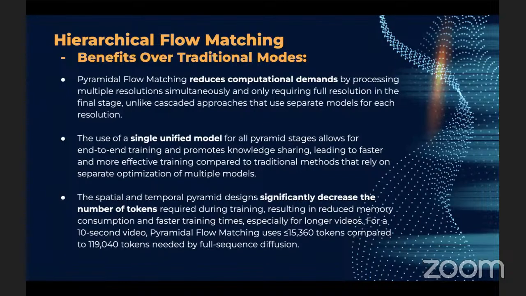A unified model for end to end training. It utilizes a single model for all pyramid stages, enables end to end training, and promotes knowledge sharing. This results in faster and more effective training compared to traditional methods reliant on separate optimization of multiple models.